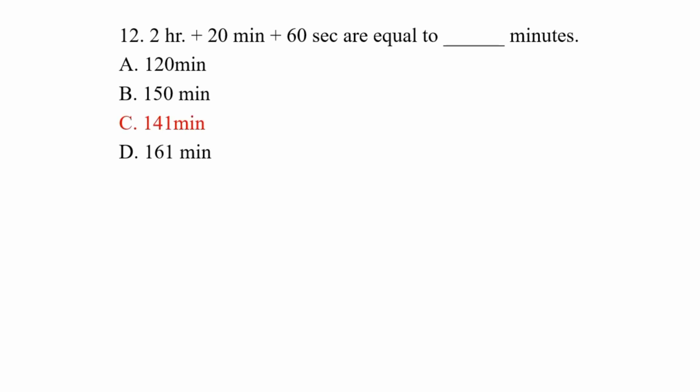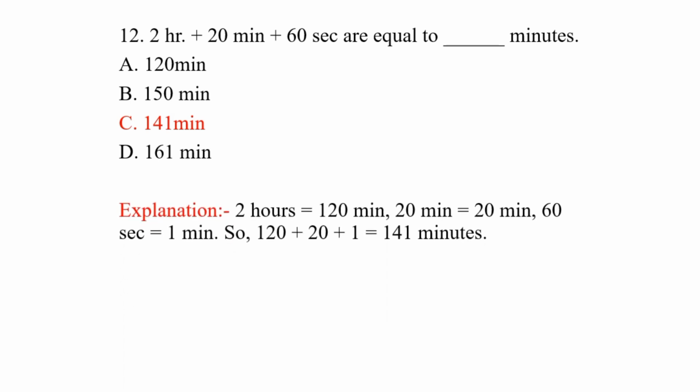The answer is 141 minutes. Because 2 hours equals 120 minutes, 20 minutes is equal to 20 minutes, and 60 seconds is equal to 1 minute. Therefore the minutes altogether are 120 plus 20 plus 1, which is equal to 141 minutes.